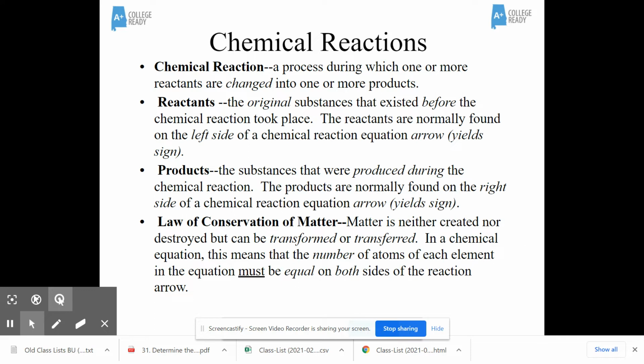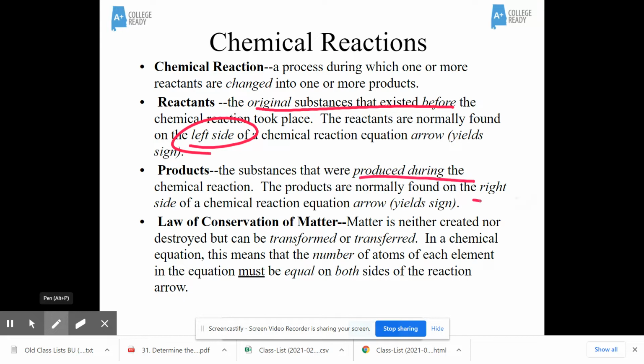Reactants are the things that we start with, and they are always written on the left side. A lot of this is memorization. Reactants we always put on the left. Products are the things that are being formed, and we always put them on the right. There's an arrow in the middle that shows we are taking this and turning it into this.